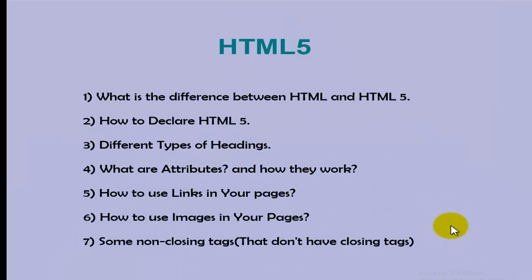So here we will learn in this lesson what is the difference between HTML and HTML5, how to declare HTML5, or how to let the browser know that we are using HTML5 not HTML, and what are the different types of headings, and what are attributes and how do they work, and why we need attributes, how to use links in your pages, like a user clicks on a link and goes to another page, how this happens and how we can create this, how to use images in your pages, and some non-closing tags that don't have any closing tag.